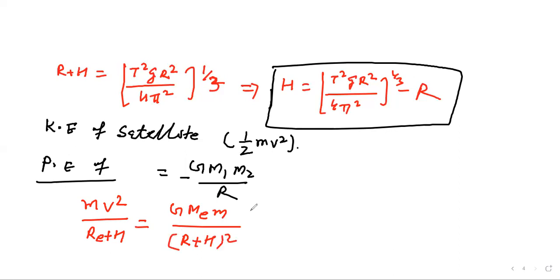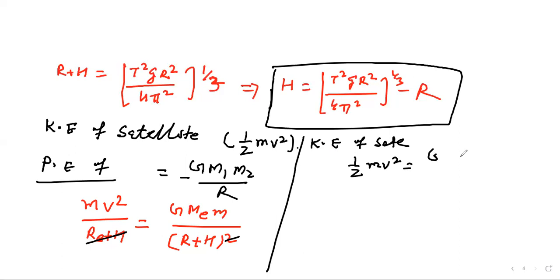Here m cancels and we divide the whole by 2, which becomes half mv square. So the kinetic energy of the satellite will be half mv square equal to G ME m by RE plus H.